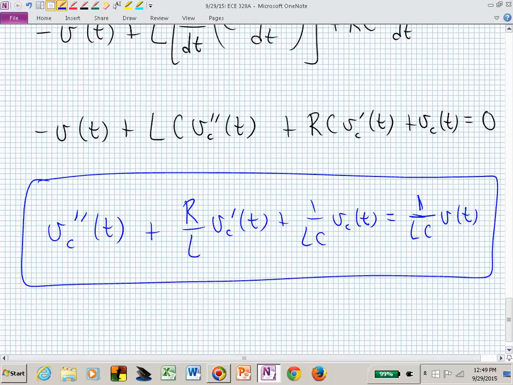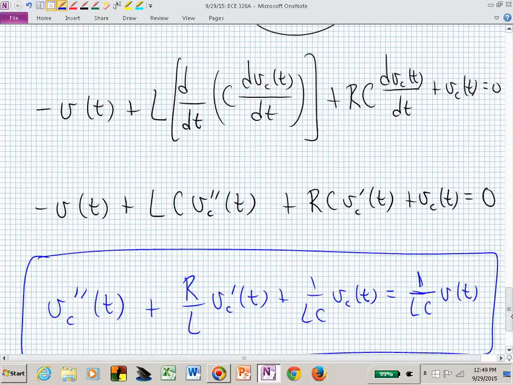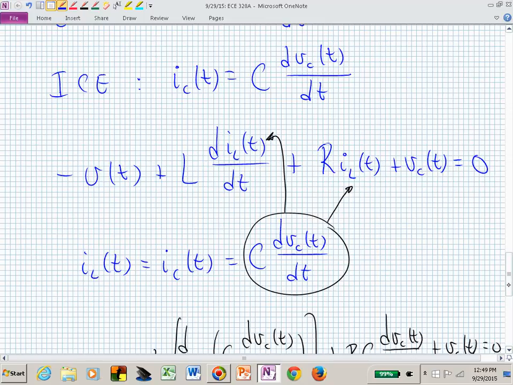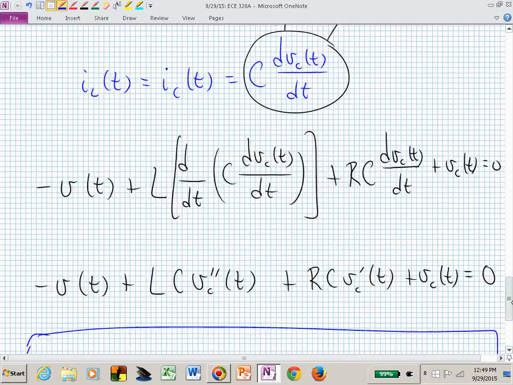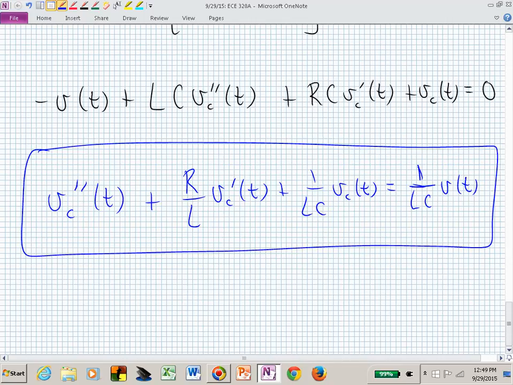You just need to solve this second order differential equation. If you know the capacitor voltage, then you can back out the inductor current if you need that by just taking C times the first derivative of that V sub C. Questions on how to analyze that circuit?